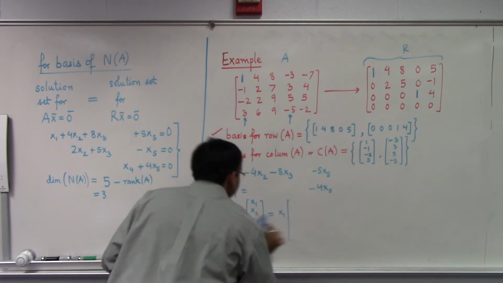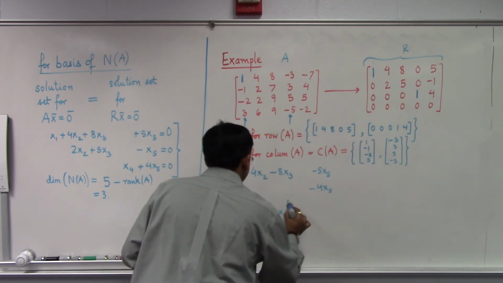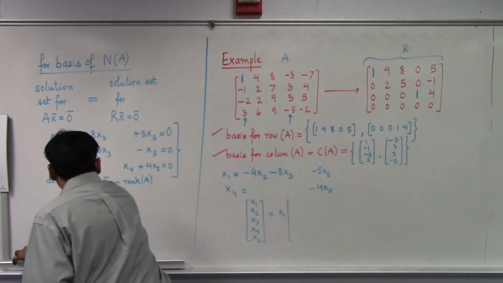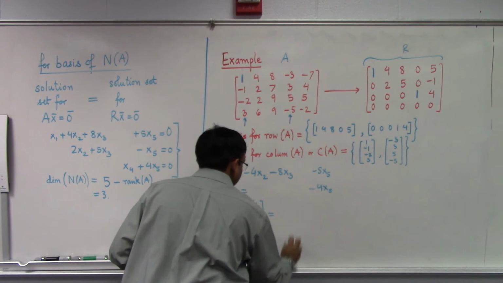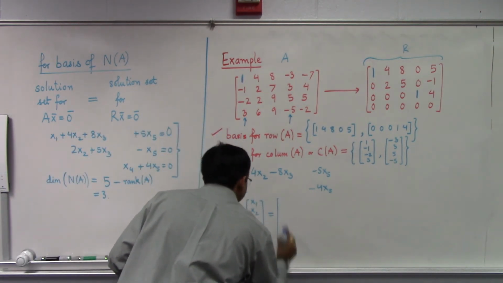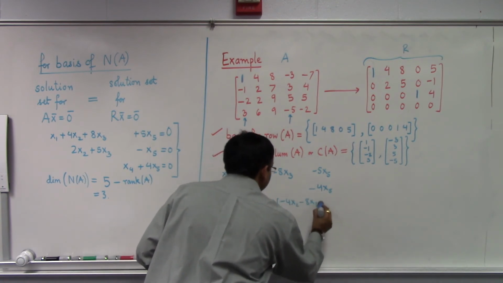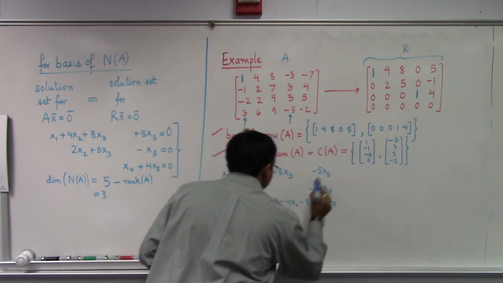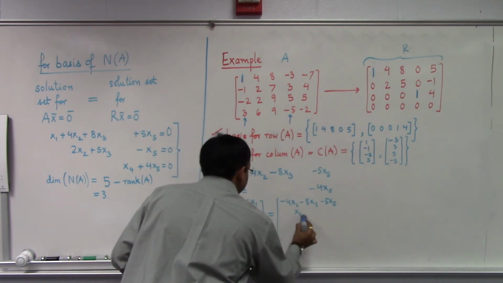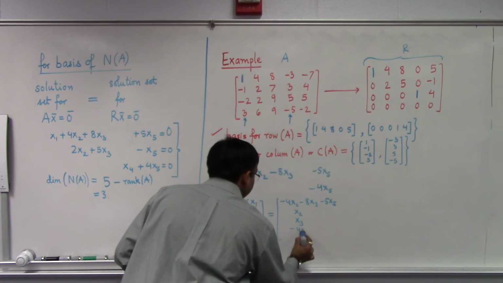This will look like minus 4x2 minus 8x3 minus 5x5. x2 remains x2, x3 remains x3, x4 is minus 4x5, and x5 is x5.